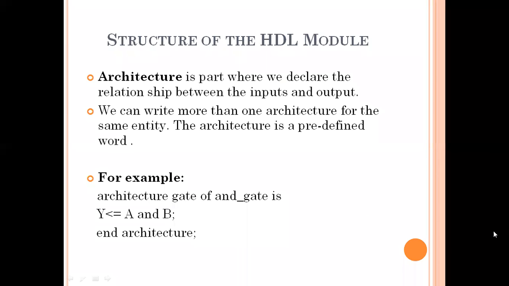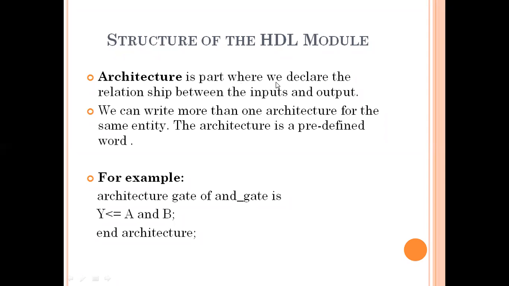Next is the structure of the VHDL module, the architecture. The second major, or we can also say important, part is the architecture. The architecture body specifies the internal view of the entity, right?